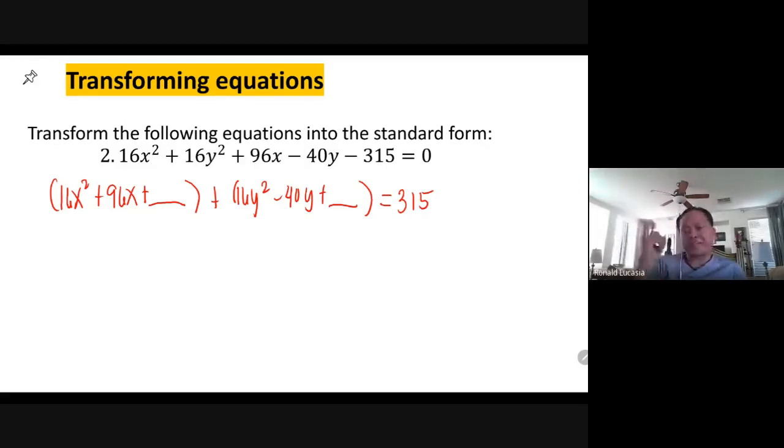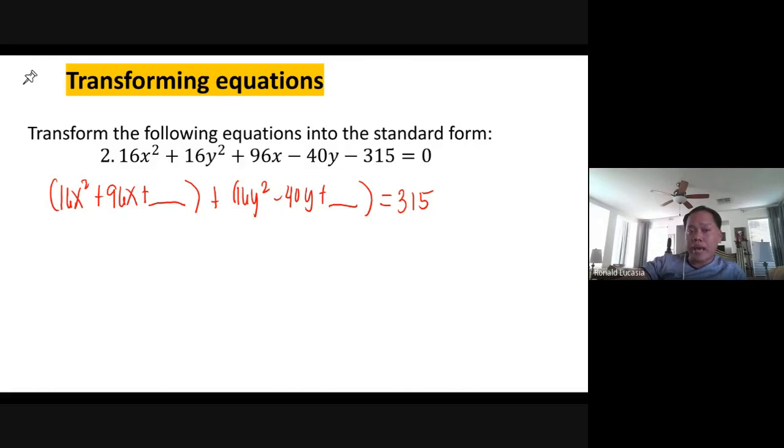Let's check. Let us solve first the x part. The numerical coefficient there of our a is 16. But according to the rule, you'll have to make the numerical coefficient of a equal to 1. And there's no sense of dividing each of the terms by 16 because it will just make our solution a laborious, lengthy one.